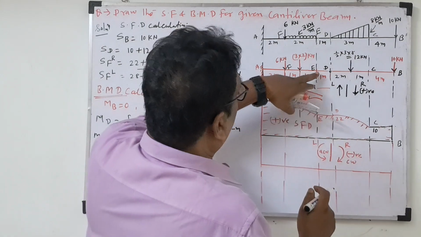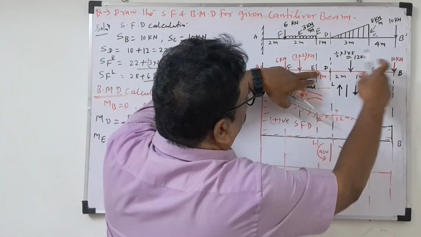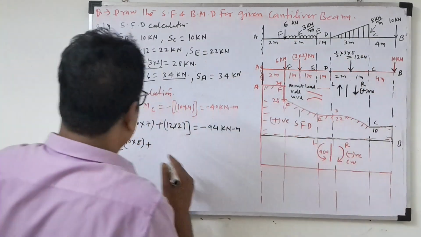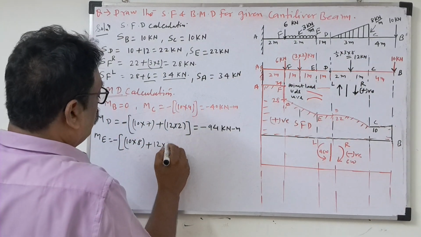So at E, this load is 10 into 8. Now here 12, 12 into 3. That's all.